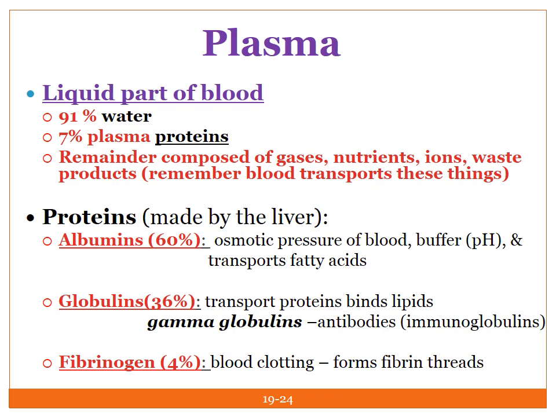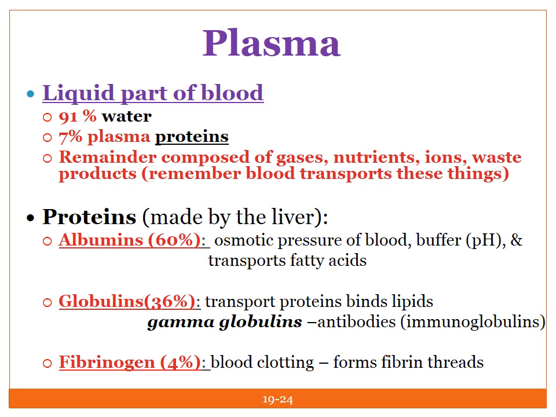Both the albumins and globulins have a role in transporting substances that are fat-based in blood, because remember that fat and water don't mix. Blood is primarily a watery medium, so if we're trying to transport, for example, a fat-based hormone, a steroid hormone, or cholesterol, we have to bind it to a protein carrier to be able to transport it in blood. So albumins and globulins also act as these protein transport carriers.